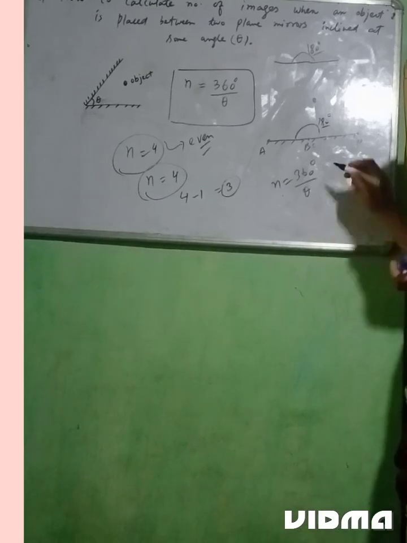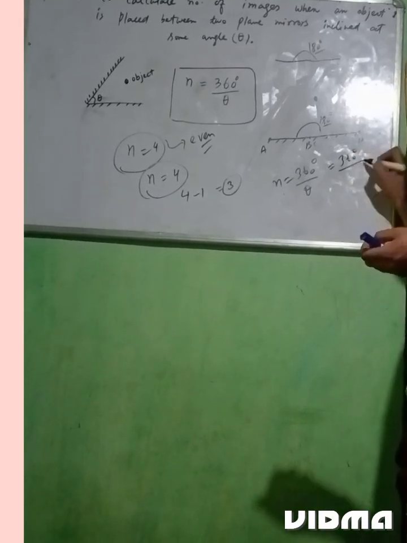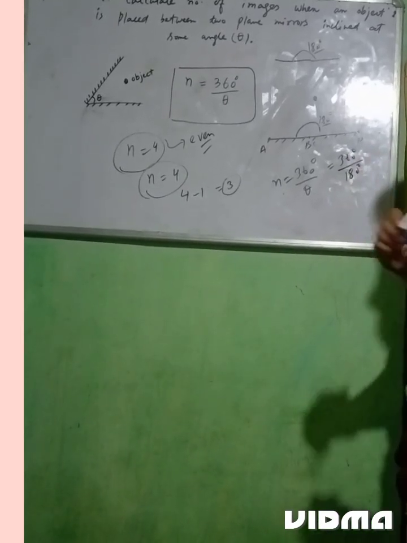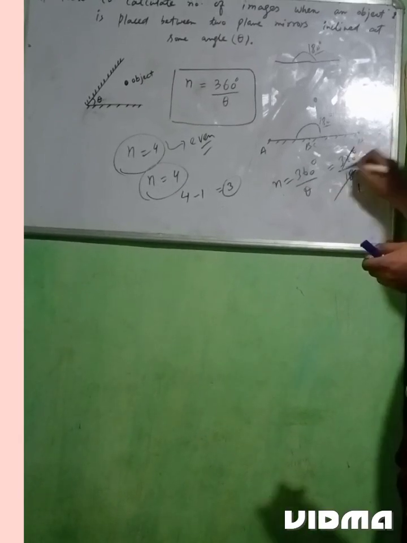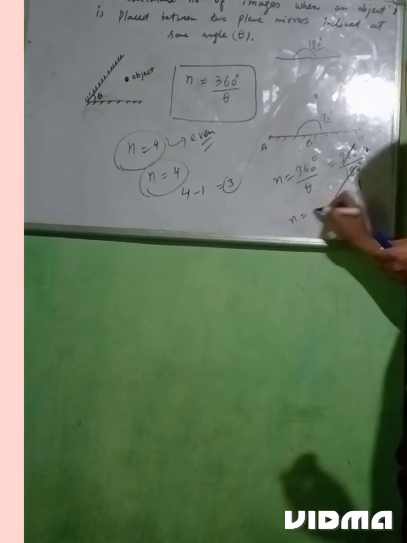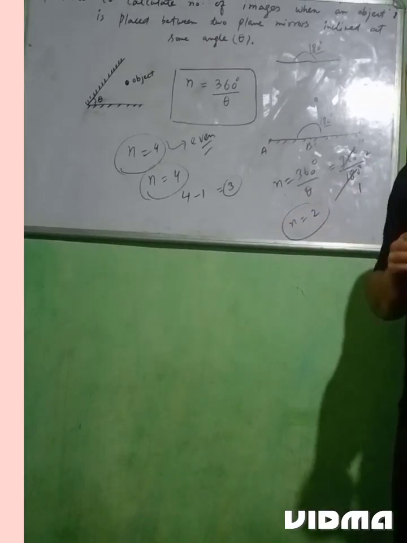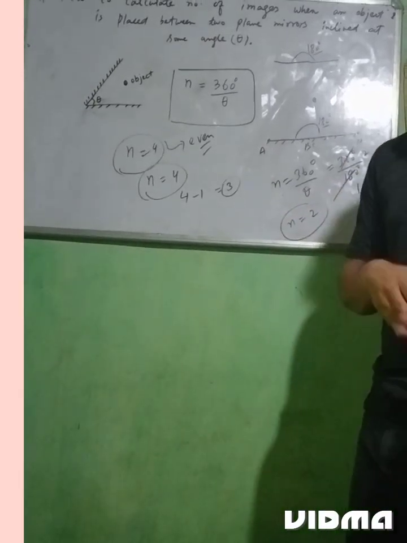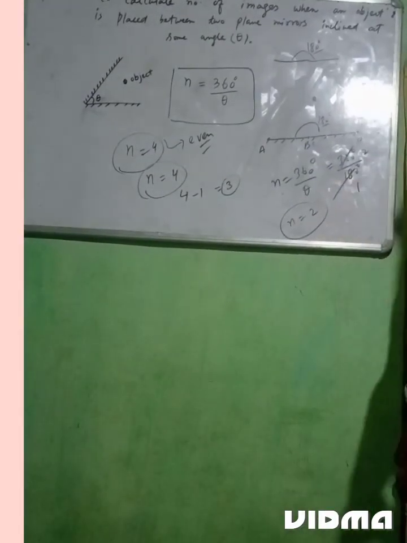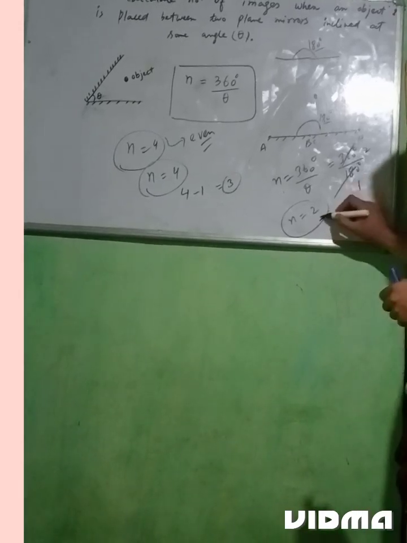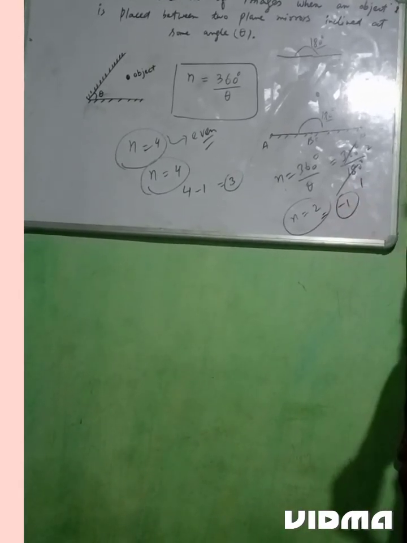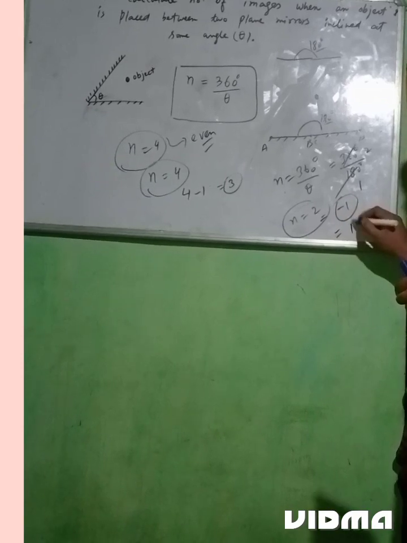And you will use here n is equal to 360 divided by 180. 180 ones are 180, 180 twos are 360. That means answer came here n is equal to 2. And you know that n is even, and you have to subtract 1 from it. It is a rule. Minus 1. That means 2 minus 1 is 1.